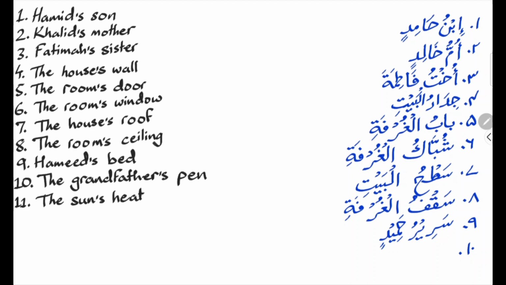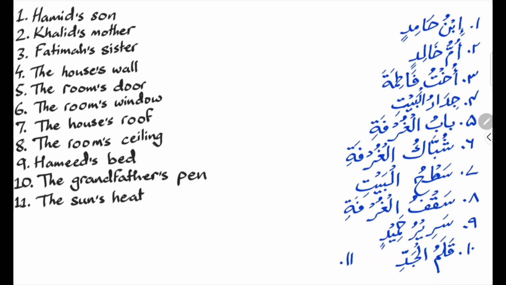Here the thing which is being possessed, which is the mudaf, is pen. Pen in Arabic is qalam. Qalamu. The grandfather, al-jad. Remember to give that a kasra. Qalamul jaddi.